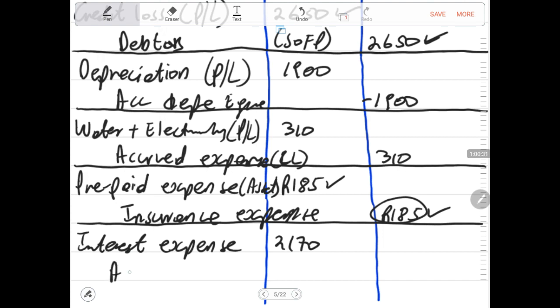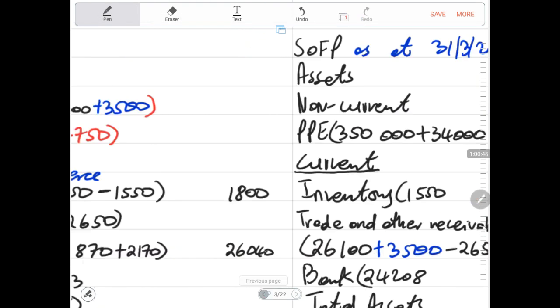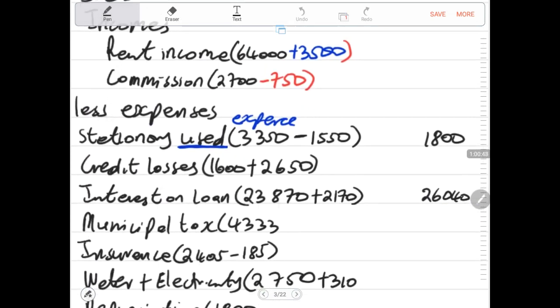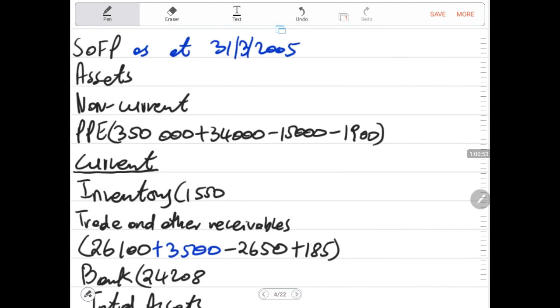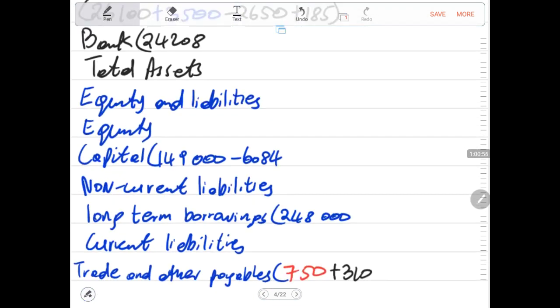Then we credit accrued interest. Accrued interest, or accrued expense, is a liability, 2,170. We recorded this one where we are increasing our interest expense. There is 2,170. We are done with that one. Then we have to record accrued expense, which is a liability. All accrued expenses are a trade and other payables item, 2,170. And we are done and dusted with that one.